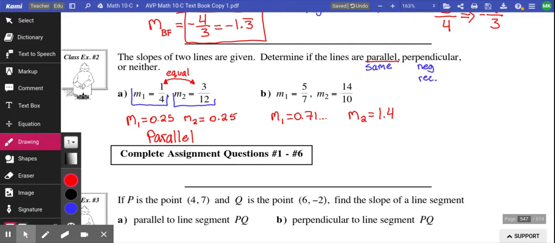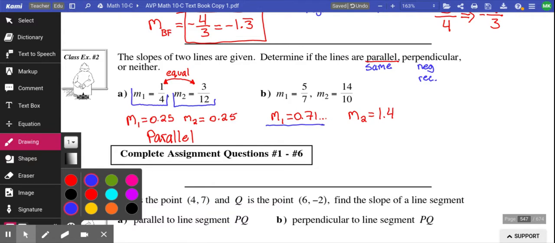My next thing I want to check is, are they perpendicular? To be perpendicular means one of them must be the negative reciprocal of the other one. So I'm going to figure out what's perpendicular to 0.71, or what's perpendicular to 5 over 7. To make that perpendicular, I need to make it negative and then flip the fraction.